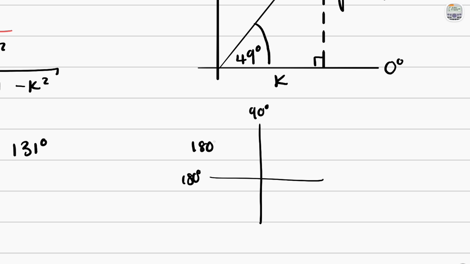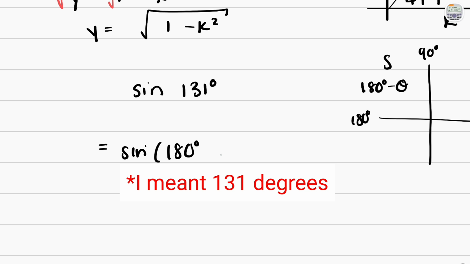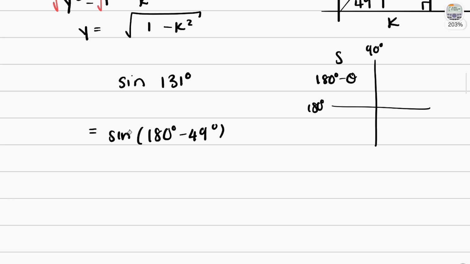So we're going to use this reduction, 180 degrees minus theta, and it is in the quadrant where sine is positive. So this is sine 180 degrees minus what gives us 131 degrees? Well, 180 minus 49. So when you reduce this, because we're using sine and it is in sine's quadrant, it will stay positive. So this is positive sine 49 degrees.